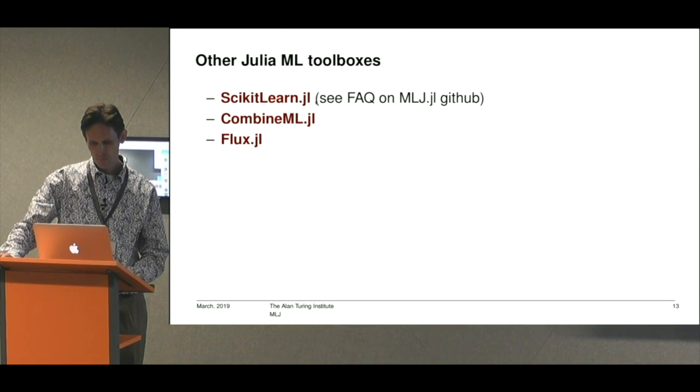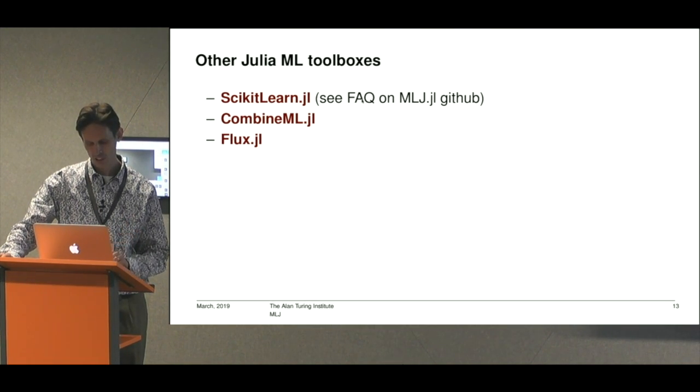MLJ hopes to be able to, in the longer term, do the same kind of thing, but smarter and better. We actually have a FAQ on the website if you really want to see a detailed comparison of the two, because we get asked that quite a bit.